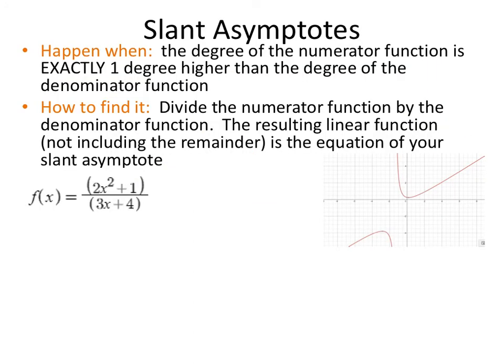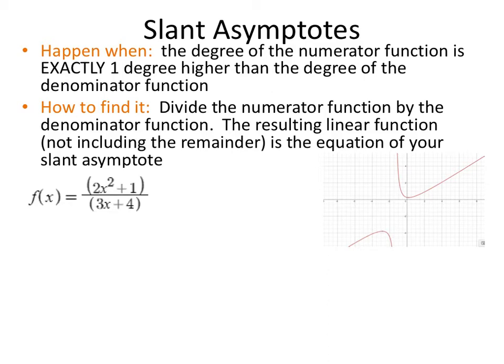Okay, so now let's talk about slant asymptotes. Slant asymptotes happen when the degree of my numerator function is exactly 1 degree higher than the degree of my denominator function. To find this, we divide the numerator function by the denominator function. The resulting linear function, not including the remainder, is the equation of my slant asymptote.